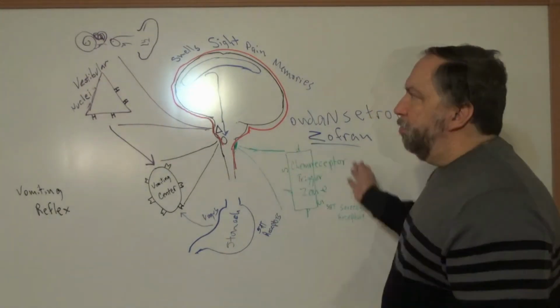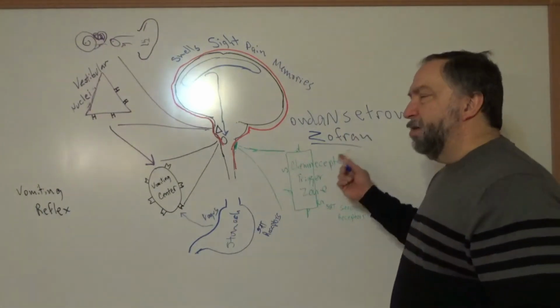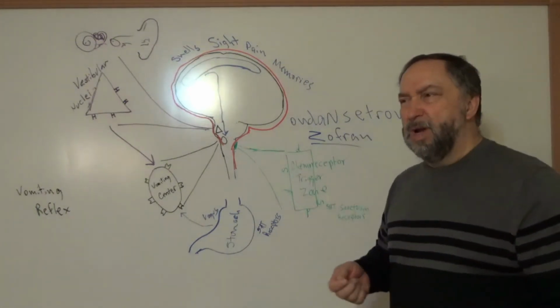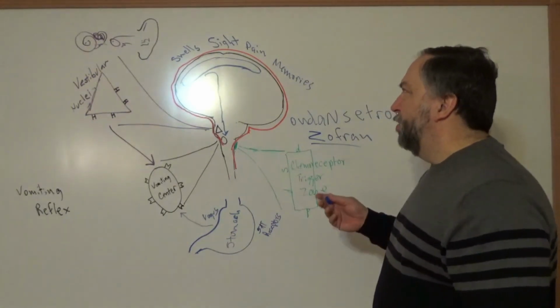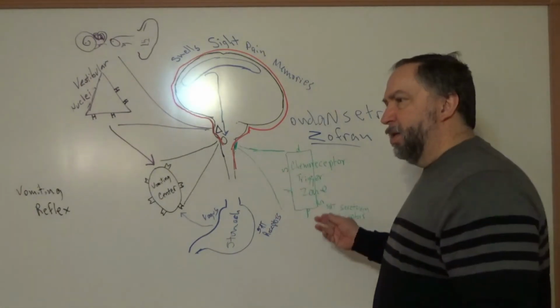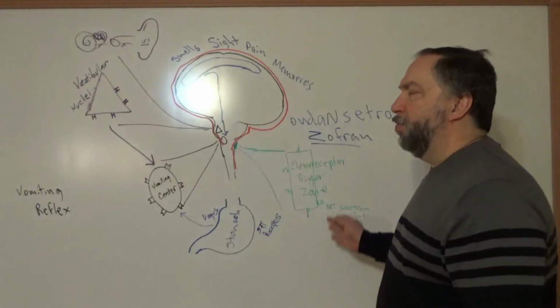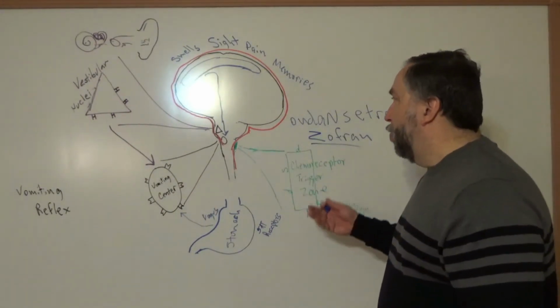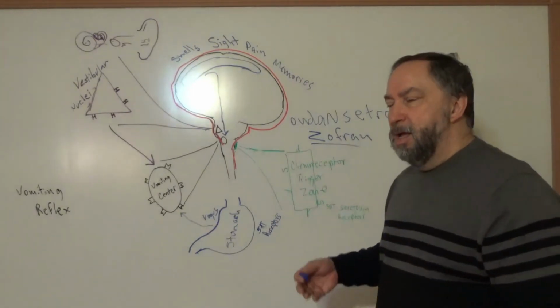But yeah, so probably the most common one used here is ondansetron. Seems like Zofran is used a lot. It doesn't have a whole lot of side effects. And we also do use, a lot of times, some steroids like methylprednisolone or dexamethasone. We use some of those along with these medicines, and they'll even cut down more on the side effects.